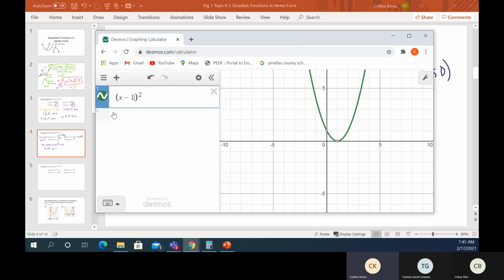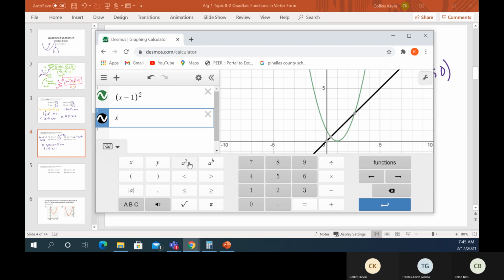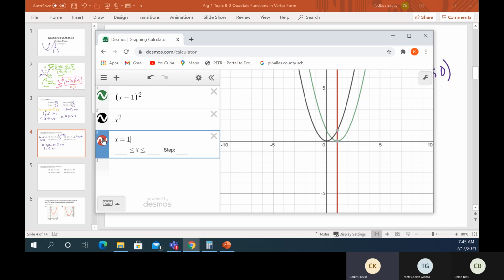So I moved it over. Let me put the original in here just to keep things looking good. All right, so by having x minus 1, here is our vertex, right? 1, 0, just as we predicted. And then your axis of symmetry for this guy will be x equals 1. There it is.